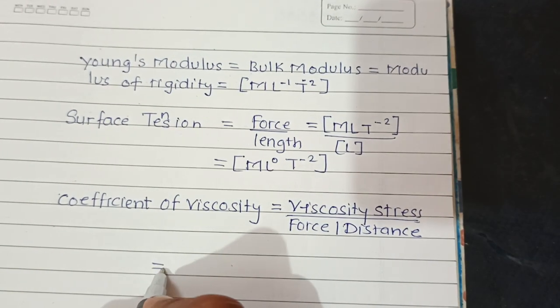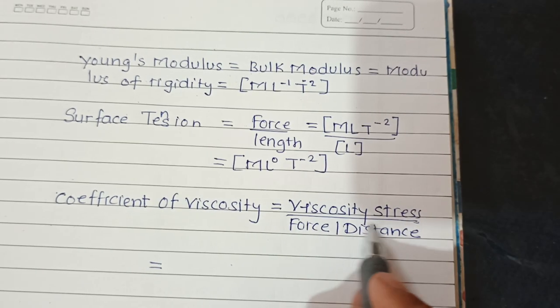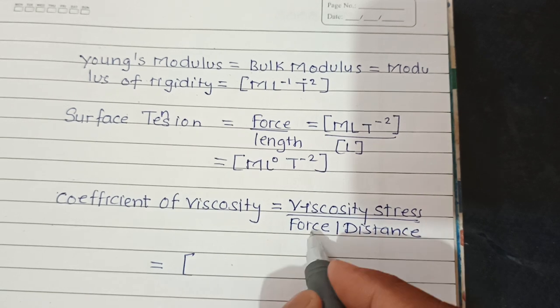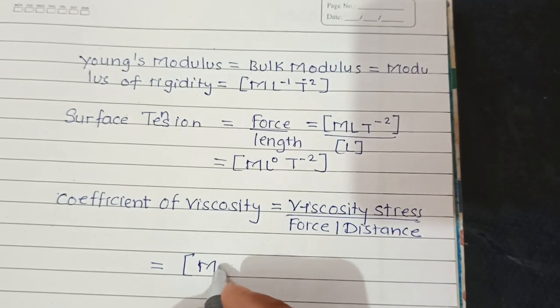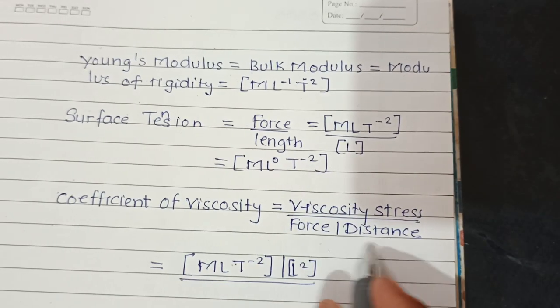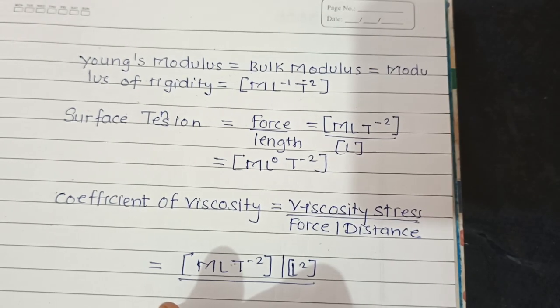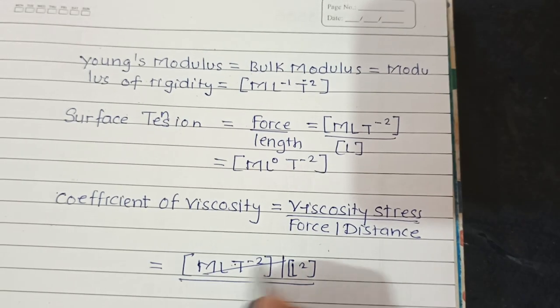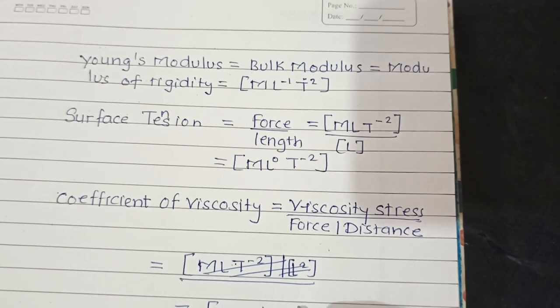So, and it has a dimension like this is force upon area हो जाएगा ये, it will be force upon area, so M L T minus 2 upon L square, and this is also force upon area, this is M L minus 1 T minus 1.